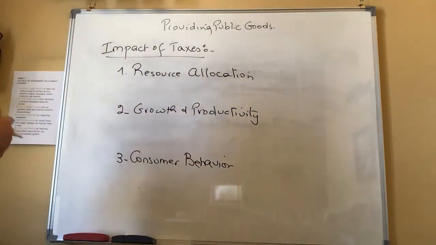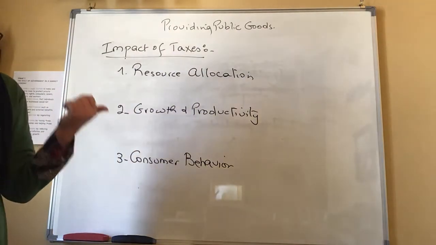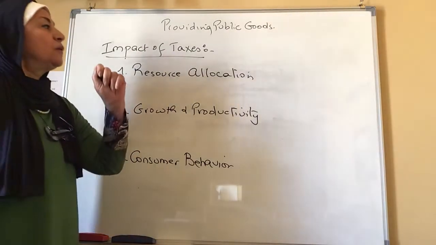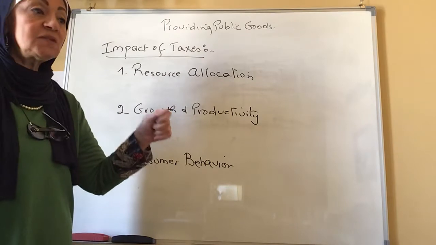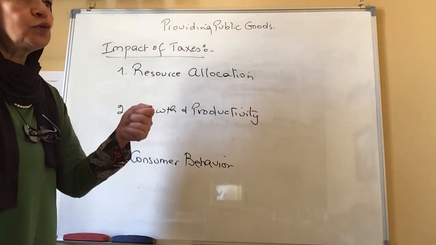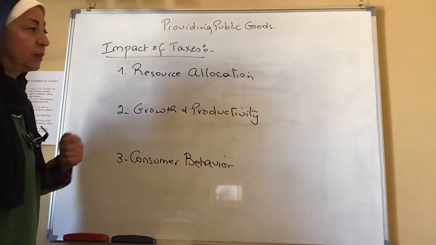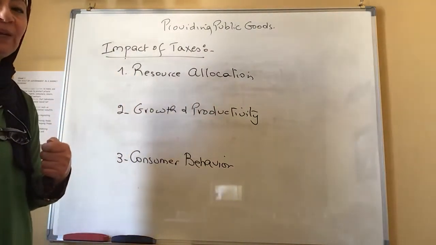So resource allocation. In the example that I gave in the last video of the yachts, when the government imposes taxes on certain products that the producer will not be able to pass over to the consumer, and the producer will have to pay it.